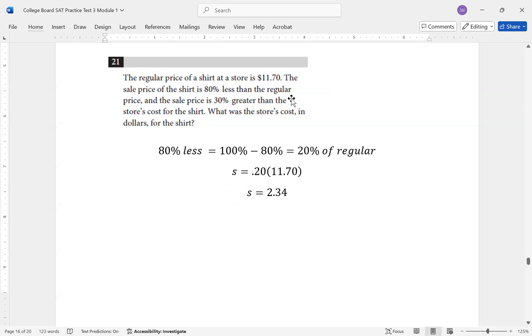Now, in a similar way, the sale price is 30% greater than the store's cost. And again, 30% greater is going to be equal to 100% of the store's cost plus an additional 30% above the store's cost. So that's going to be 130% of the store's cost.